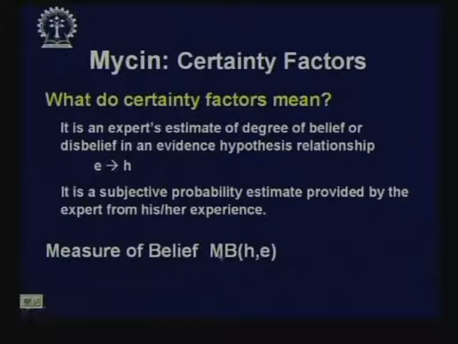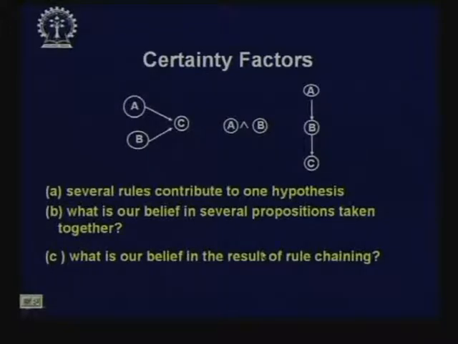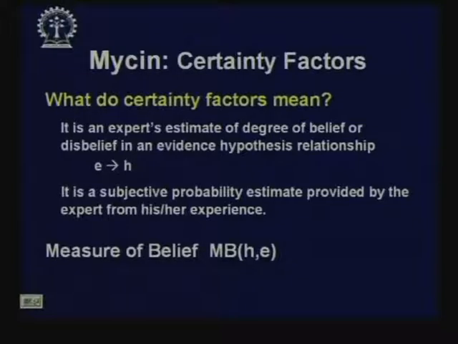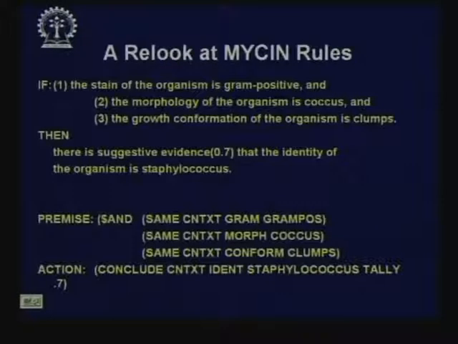We will also write it this way: MB(H,E) means measure of belief of the hypothesis H given the evidence E. I repeat, the measure of belief in the hypothesis H given the evidence E. Similarly, in this rule we were supporting the fact that the identity of the organism is Staphylococcus. So, this is a measure of belief.